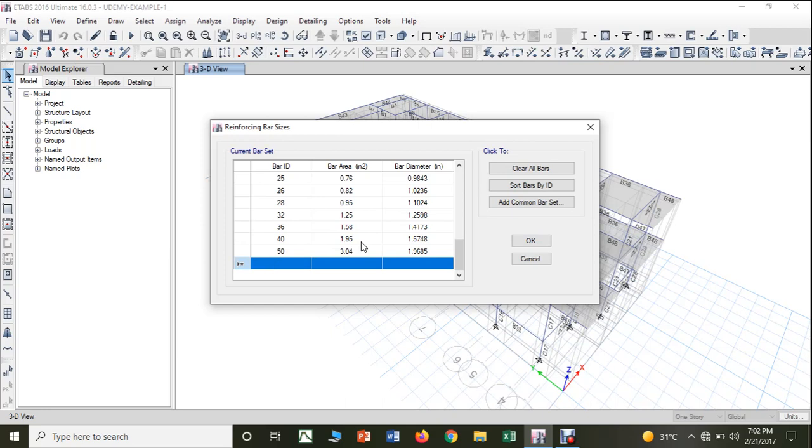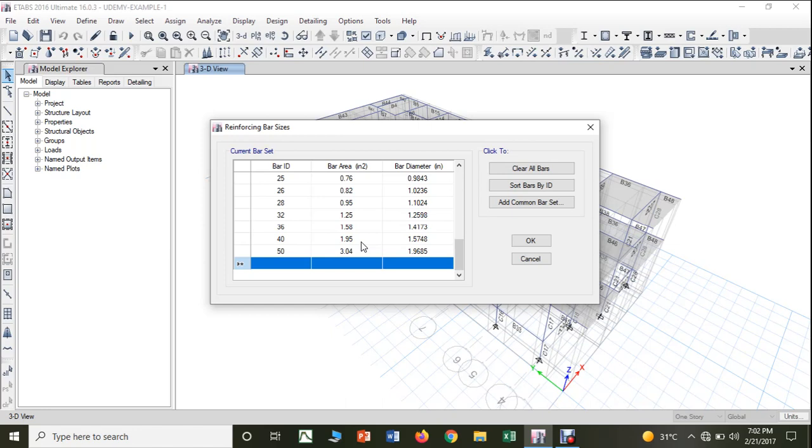We are going to use this option in the coming lecture videos, when we do the design. When we do the design, we have to define from where to where the bar diameter has to be designed.